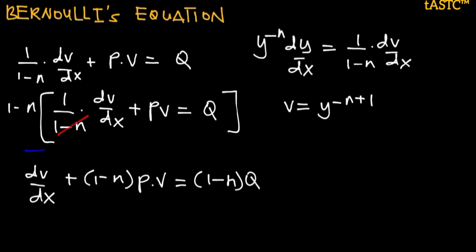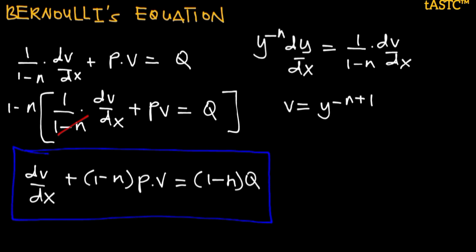Now this expression is a new form of a linear expression. And from here we can find out what is the integrating factor. So the integrating factor rho is going to be e raised to the power of this. Now in this case we have a v, so it's not an integral, that is a differential. So we're going to have 1 minus n multiplied by p to be the coefficient of v.